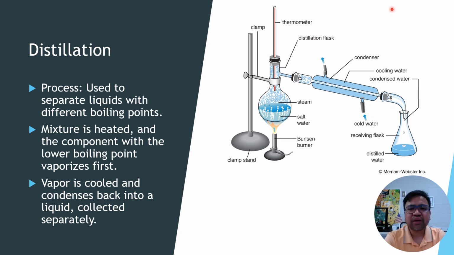Imagine a simple experiment of boiling a mixture of water and alcohol. Alcohol, with a lower boiling point, vaporizes first, and as it cools, it condenses. We collect pure alcohol, leaving water behind. This process is not just theoretical, but a practical application seen in laboratories and industries worldwide.